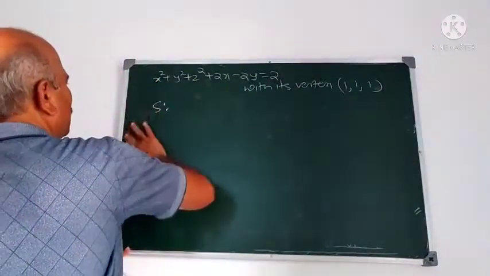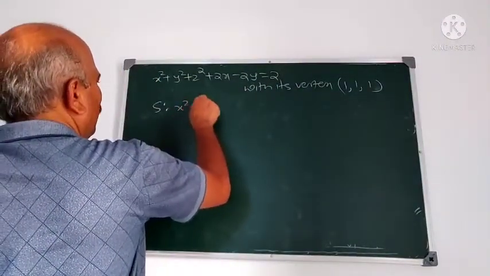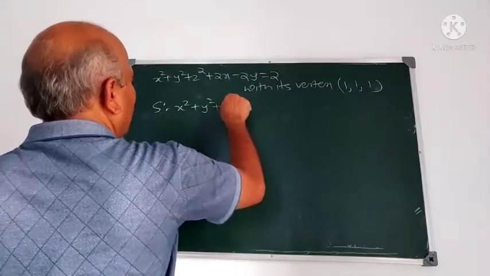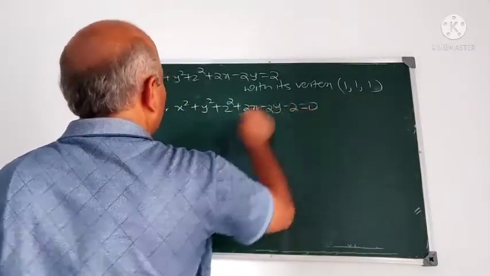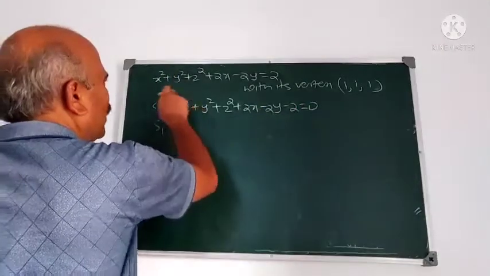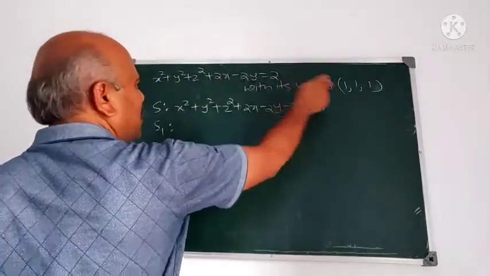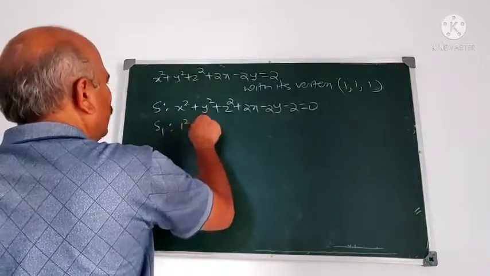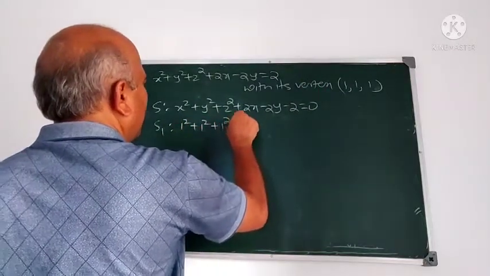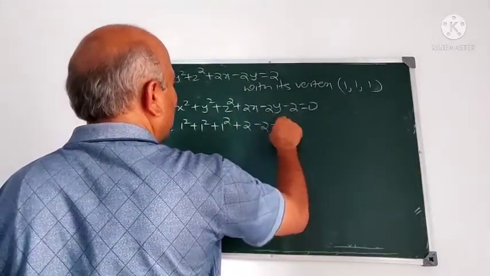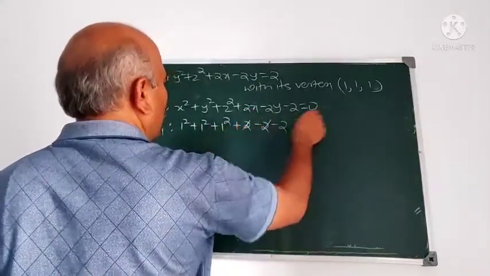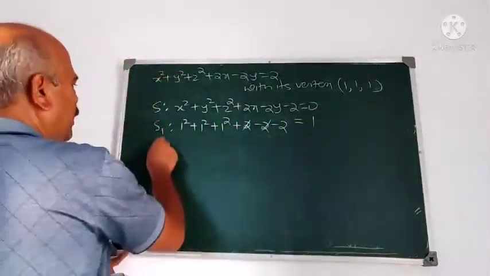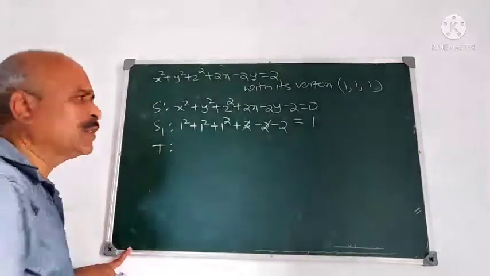Suppose S is the equation of the sphere x square plus y square plus z square plus 2x minus 2y minus 2 is 0, and S1 is, you have to replace x y z by 1 1 1: 1 square plus 1 square plus 1 square plus 2 minus 2 minus 2. Simplify, so it is 1. And capital T is the equation of the tangent plane.